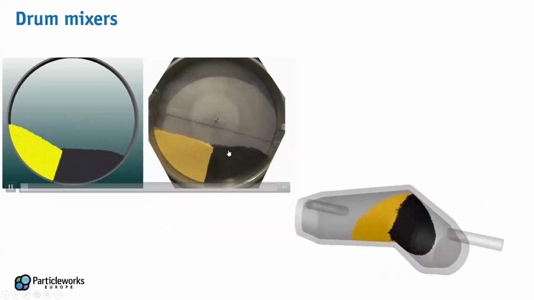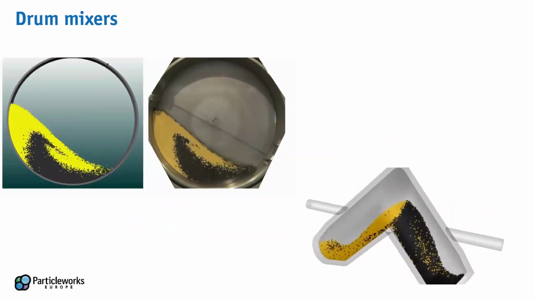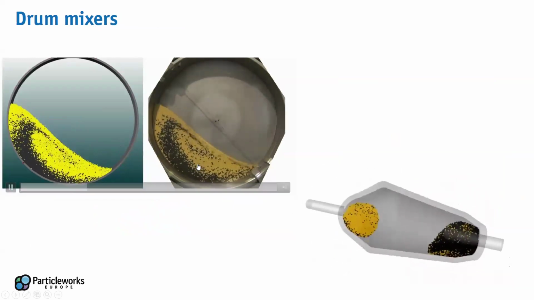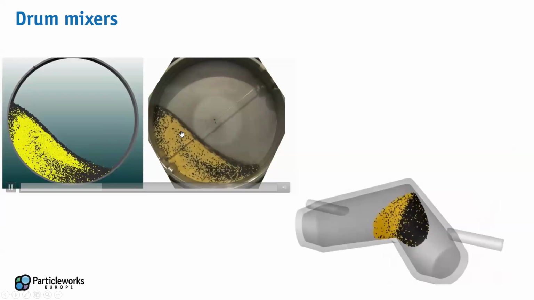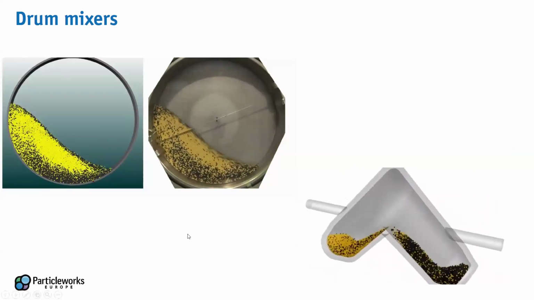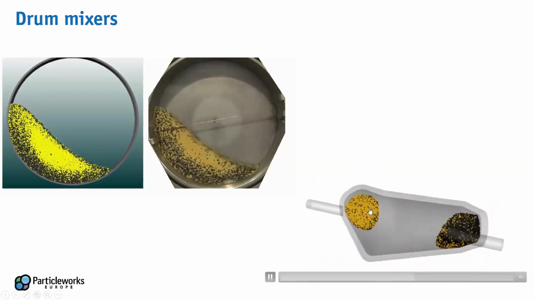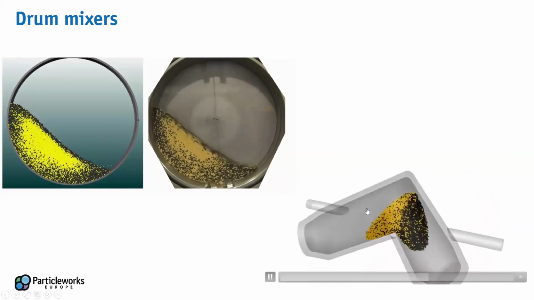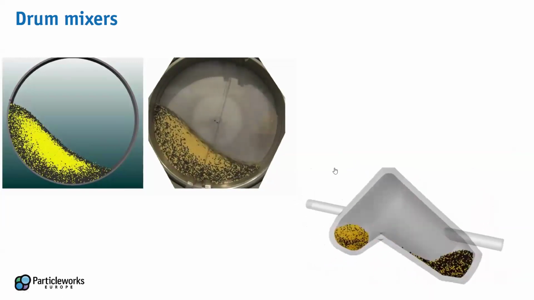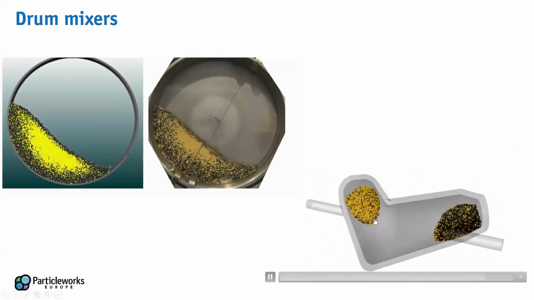Then we have mixers with different types of shapes or kinematics, also confirmed experimentally quite nicely here. Again, we don't have an issue with the complexity of the rotation or the geometry because everything is meshless. So the user doesn't have to simplify the geometry or prepare the CAD for the simulation.